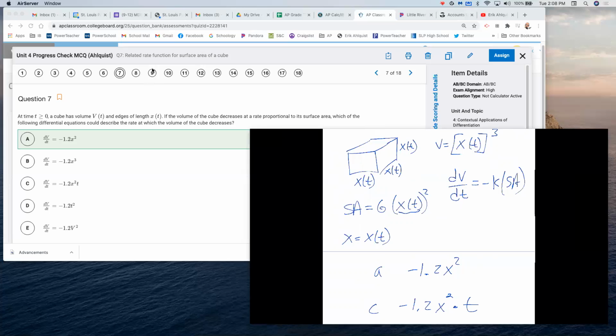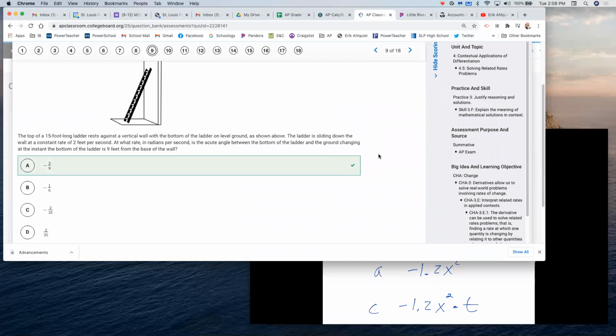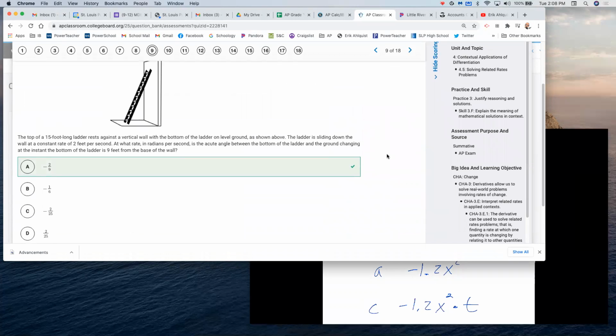Then let's go to number 9. So right away, you should think some kind of Pythagorean theorem, some kind of trigonometry, because it's making a right triangle. Instantly when I see this, I'm going, okay, this is a right triangle. I get to use anything that I get with a right triangle.